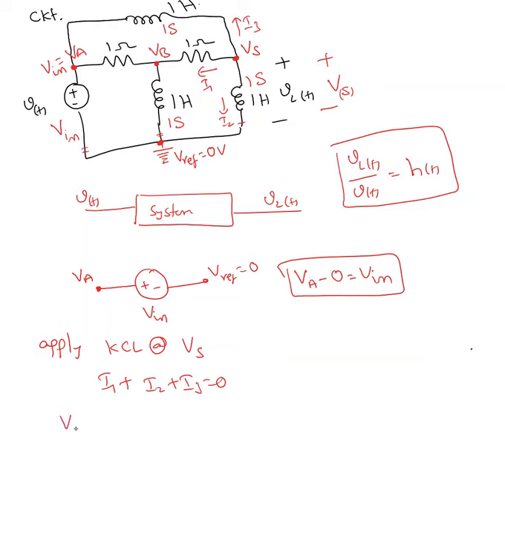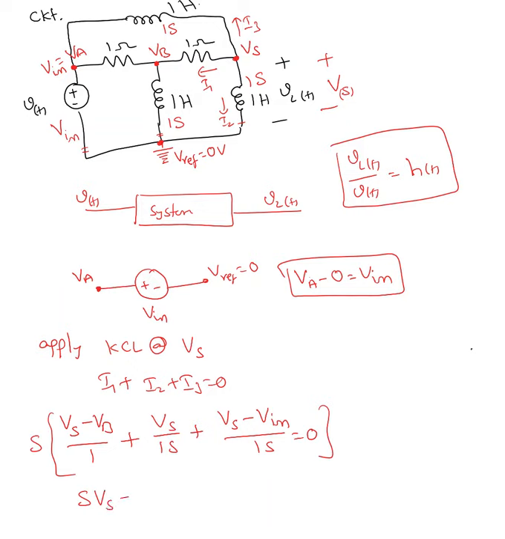I1 is Vs minus Vb over 1, plus I2 is Vs over 1s, plus I3 is Vs minus Vn over 1s, equal to 0. To eliminate the denominator, I'm going to multiply this with s. So s times Vs minus Vb, plus Vs, plus Vs minus Vn.